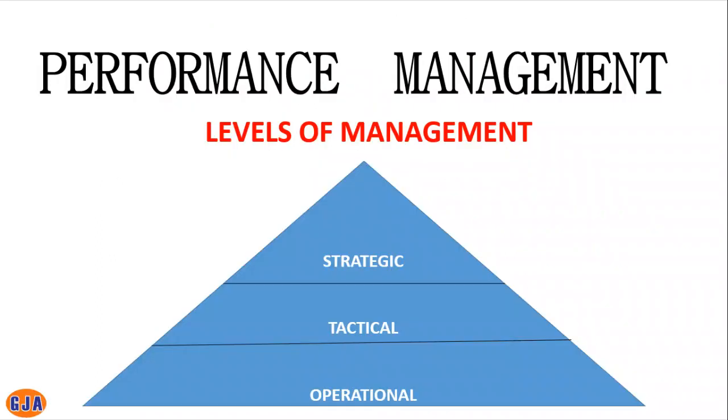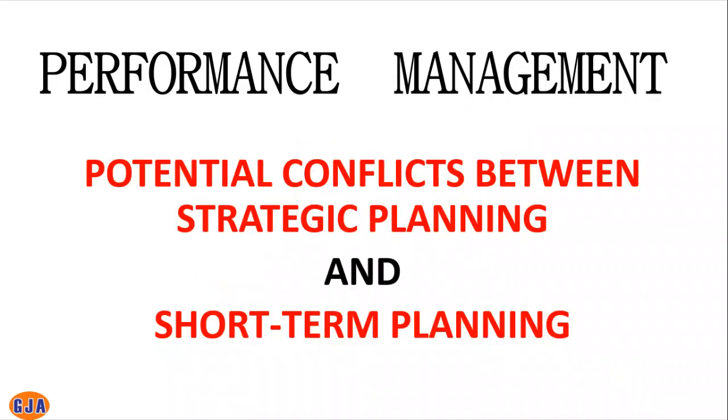Then we will look at levels of management under performance management. Now we'll be talking about the strategic, the tactical, and the operational levels of management. Then we'll go on to look at the potential conflicts that could arise between the strategic planning and the short-term planning and how we can resolve it.